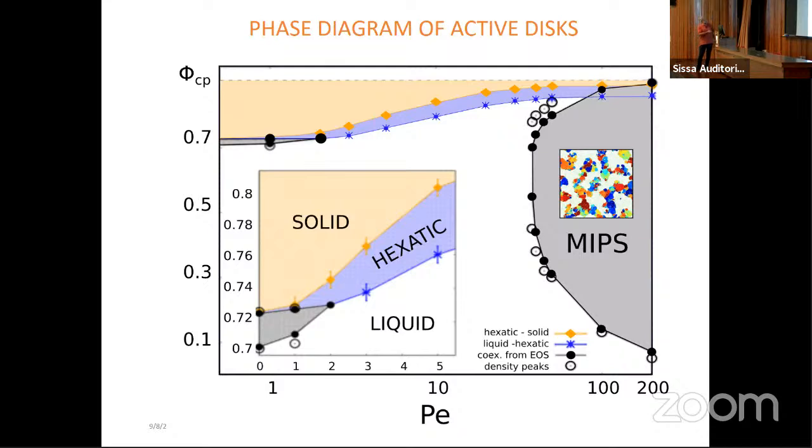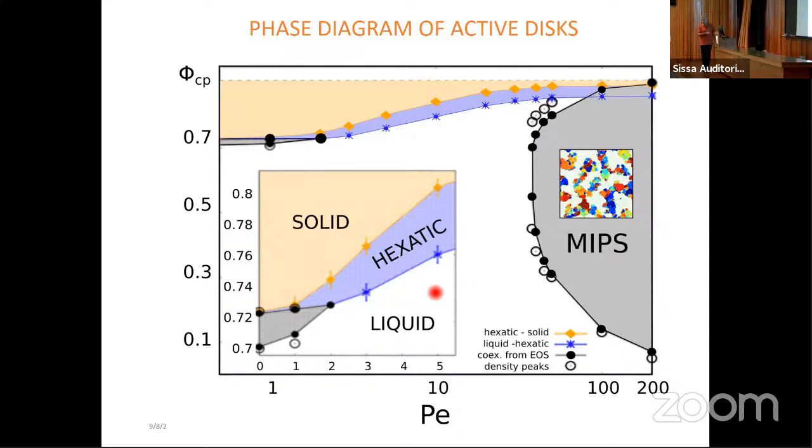So our results show that when you increase the Peclet number, this exotic region becomes larger for a while, and the coexistence at a certain point disappears. So the coexistence region ends in a critical line.